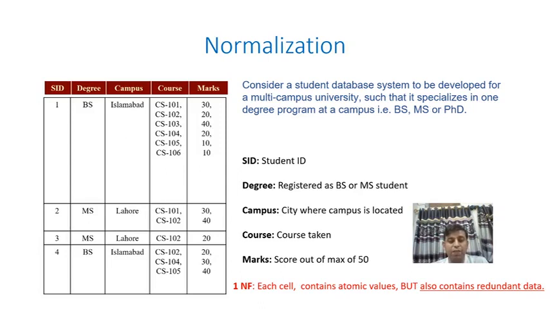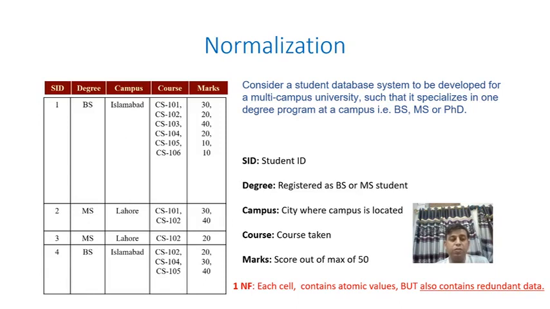So if we see this table, it clearly violates the constraint that each cell must contain a single or atomic value. Why? Because in the fields course and marks there is a clear violation of this constraint. The first cell in course contains multiple values, 6 multiple values, and marks as well, one cell contains multiple values. So clearly this table is not in first NF.